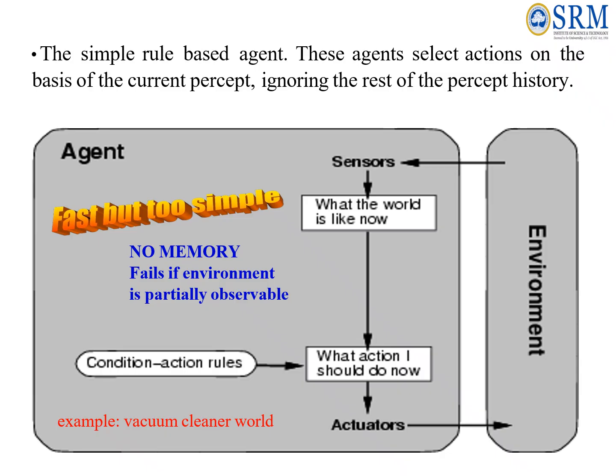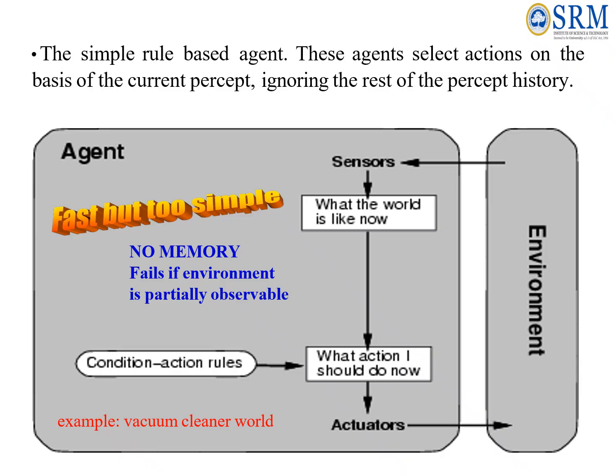The advantages of a simple rule based agent are that it has a very simple design, fast decision making, easy implementation, and it requires less memory. The disadvantages are that it has no memory, cannot learn by itself, cannot handle a partially observable environment, and cannot consider future sequences.